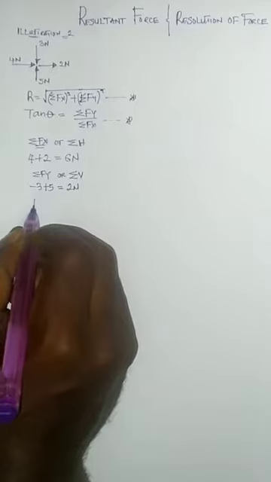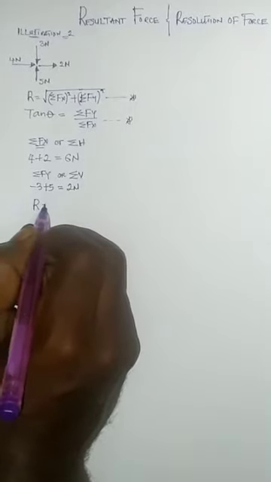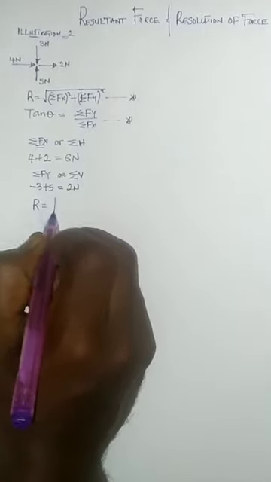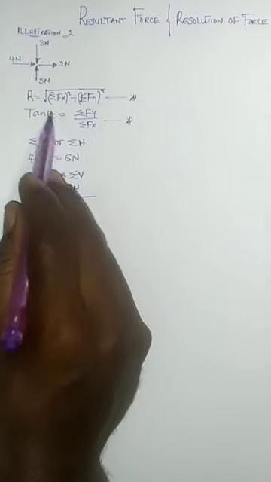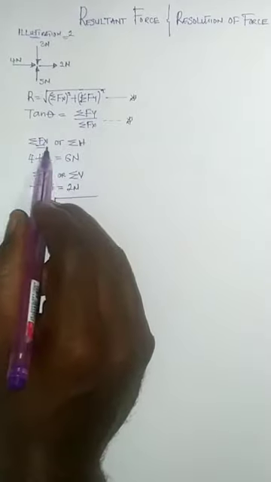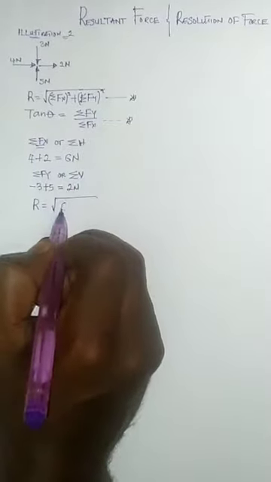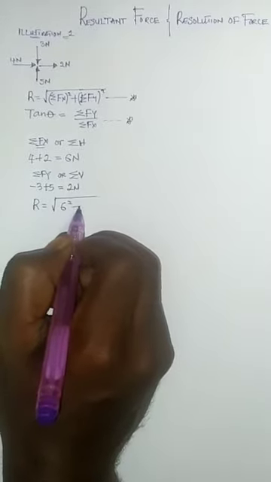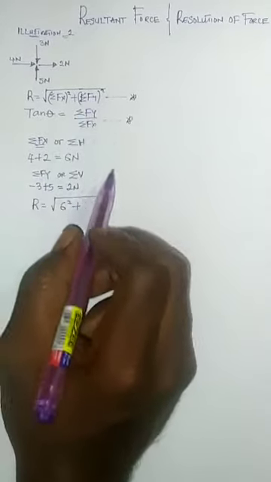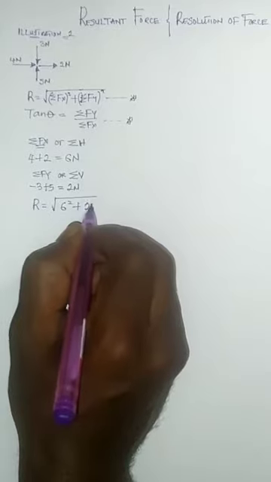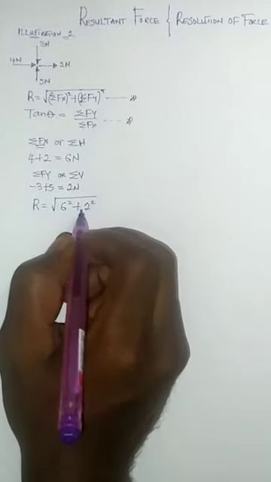So the resultant force will be equal to the square root of the summation of F of x, which is 6, so 6 squared, plus the summation of F of y, which is 2, so 2 squared.